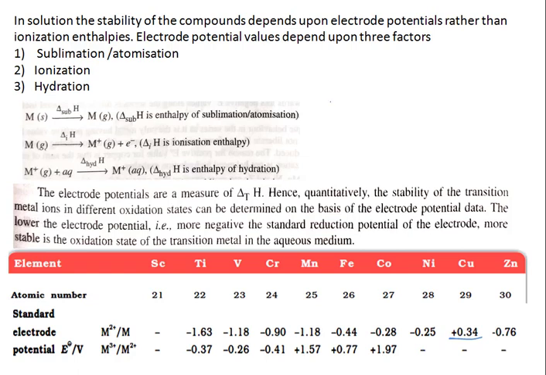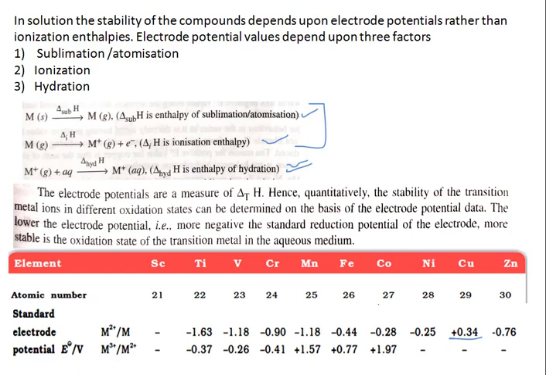Reason being, we have to go back to these three factors on the basis of which we can determine reduction potential values. For copper, the magnitude of enthalpy of sublimation, that is energy required, and ionization enthalpy, the magnitude of these two is greater than that of the energy released in the third step.